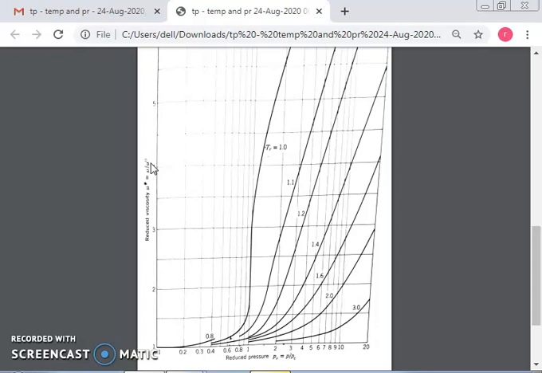That means this reduced viscosity is the ratio of the viscosity at a given pressure and temperature divided by the viscosity at atmospheric pressure and the same temperature. Here the values of Tr, the reduced temperature, are increasing in this direction. This is 1, this is 1.1, 1.2 and so on.